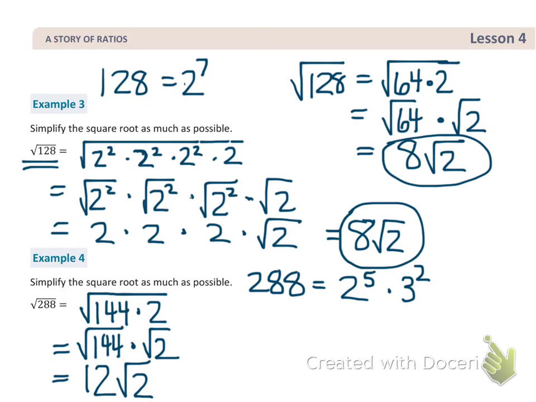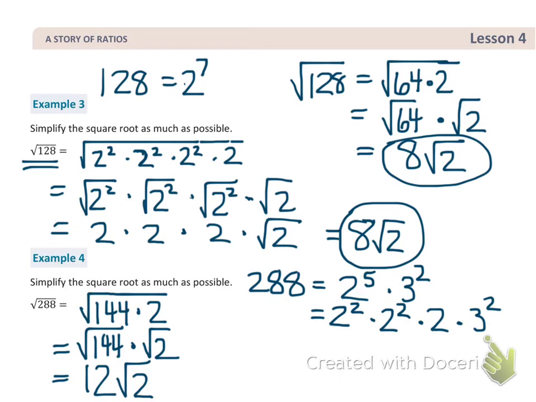Okay, so that 3 squared is a perfect square factor already. And the 2 to the 5th I can break apart and write as 2 squared times 2 squared. So that's 2 used as a factor 4 times. So I've got an extra 2. And then I've got the 3 squared.